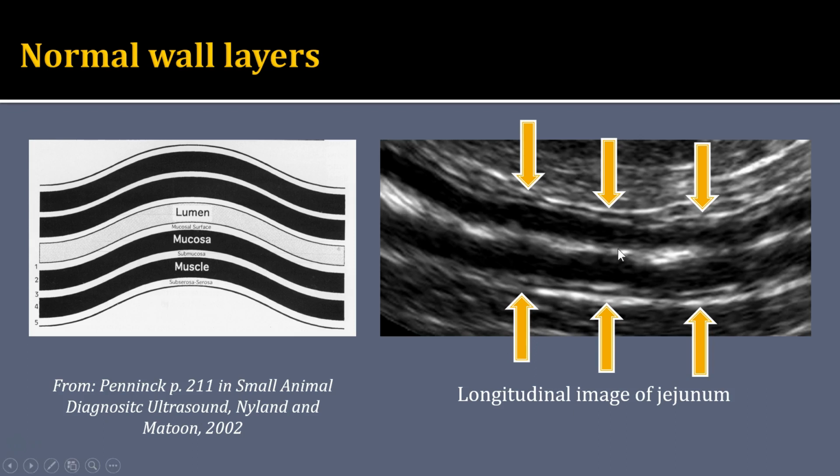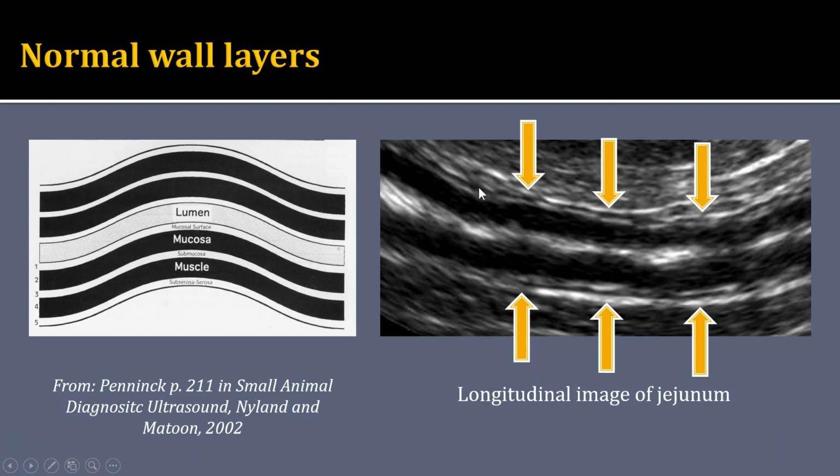In the center of this small intestine, with the outer margins indicated by the orange arrows, is the lumen, and that's really echogenic. So that's our luminal mucosal interface. You can see this thicker hypoechoic band, which is our mucosa. And then deep to that is a very thin hyperechoic band, which is our submucosa.